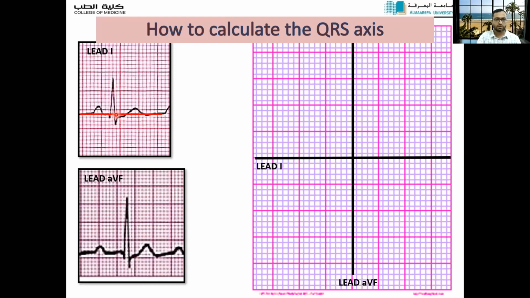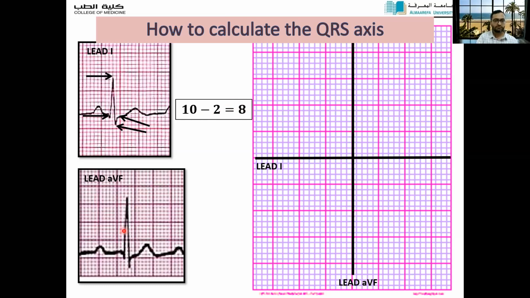You have to count both: how many small squares above the line are positive, how many small squares below the line are negative. So let's count it together. It is 10 small squares positive here and 2 small squares negative here. So I can say 10 minus 2 equals positive 8.